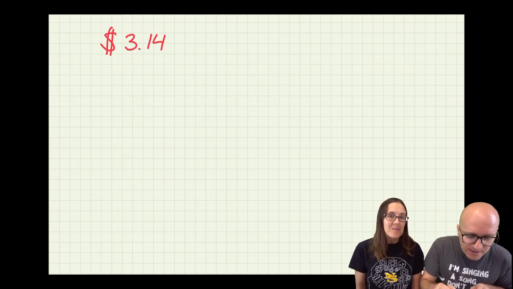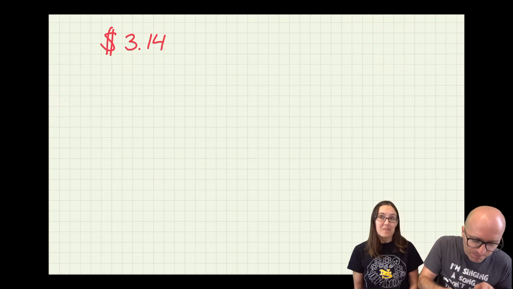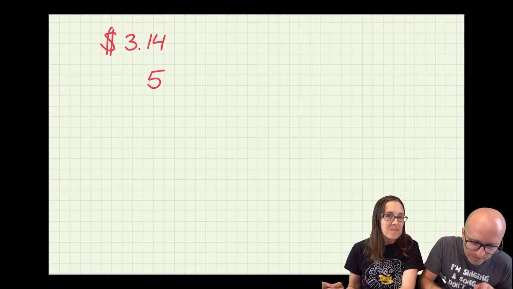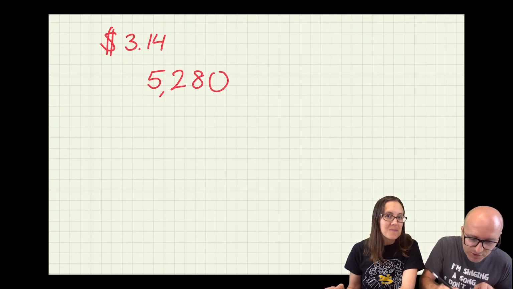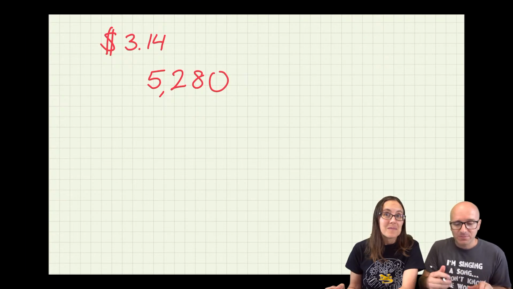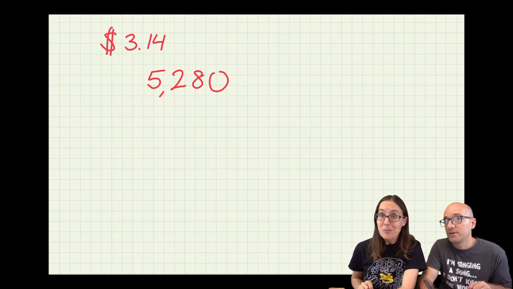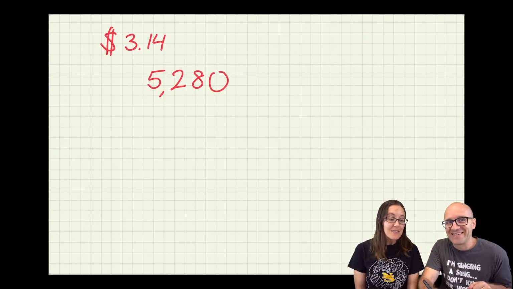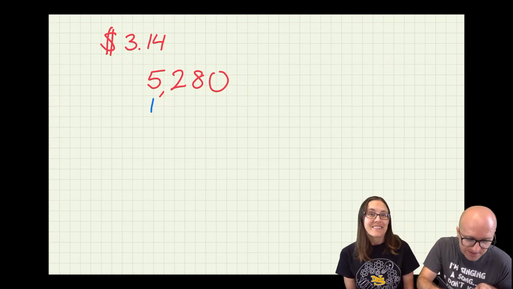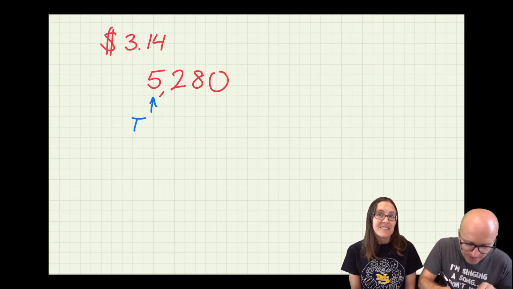But first, let's talk about the idea of place value. If I wrote out the number 5,280, Science Mom, what is the fives place? What is that representing? See if you can answer out loud before I do if you're watching the recording. It's the thousands place. That's right. So that 5 is really for 5,000. That's our thousands place.